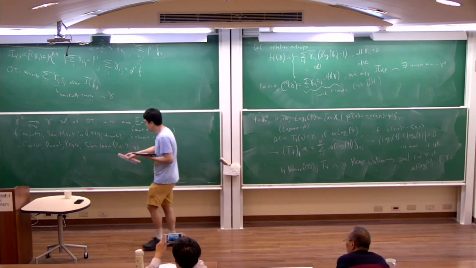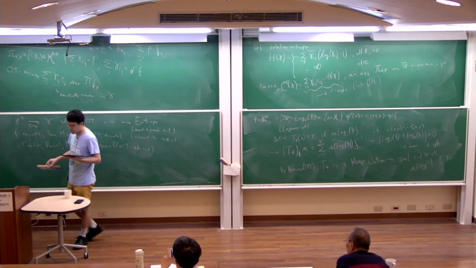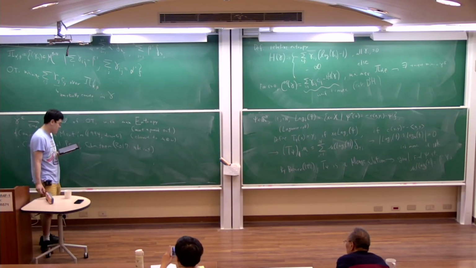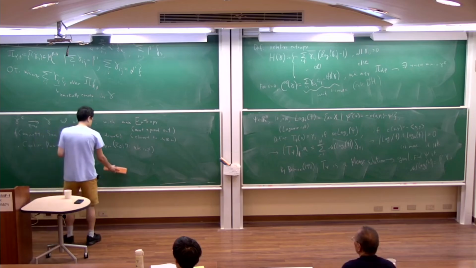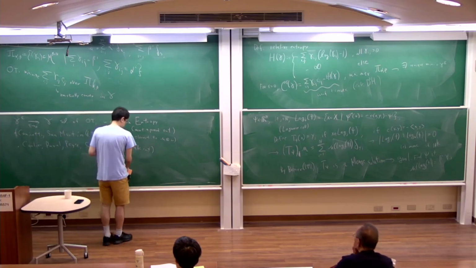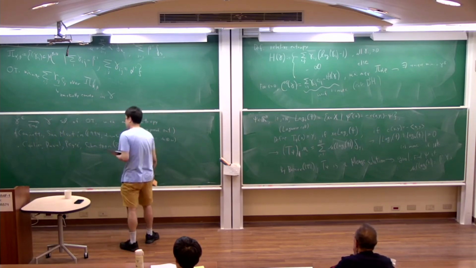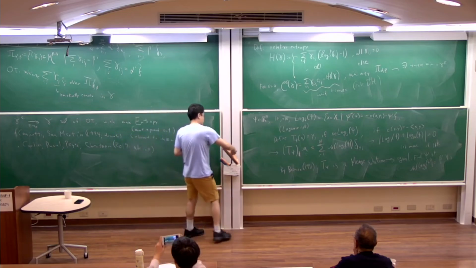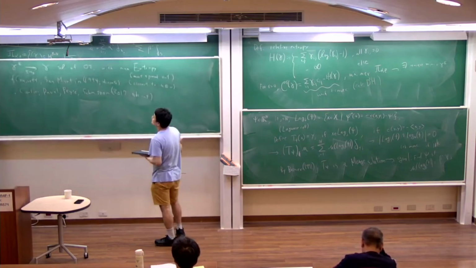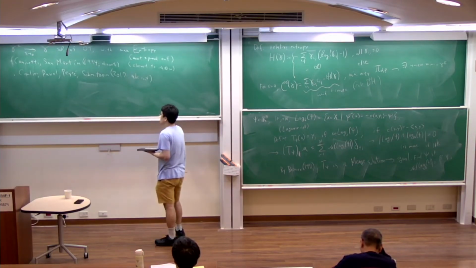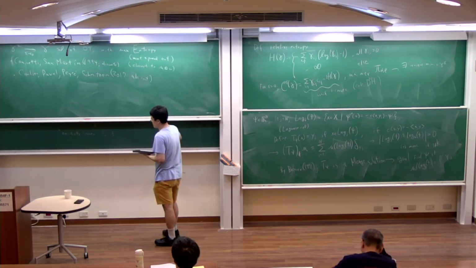Now, in the last 15 minutes, I want to mention that in this discrete case, there is a very simple algorithm that seems to work pretty well in practice, known as the Sinkhorn algorithm. This is for positive epsilon.